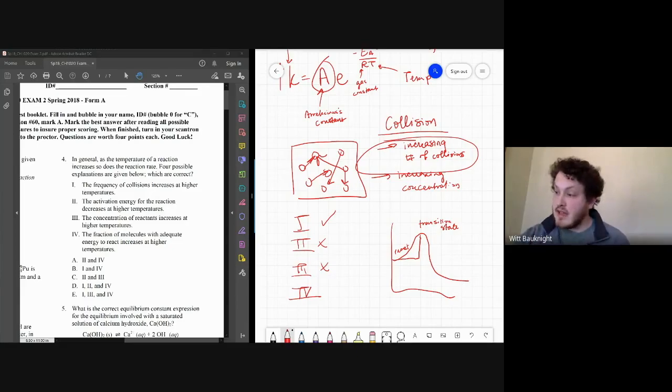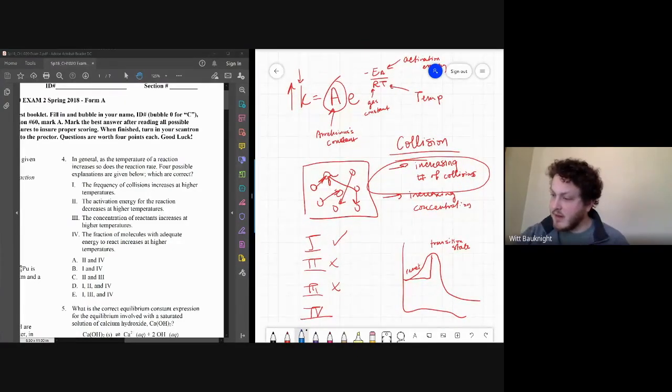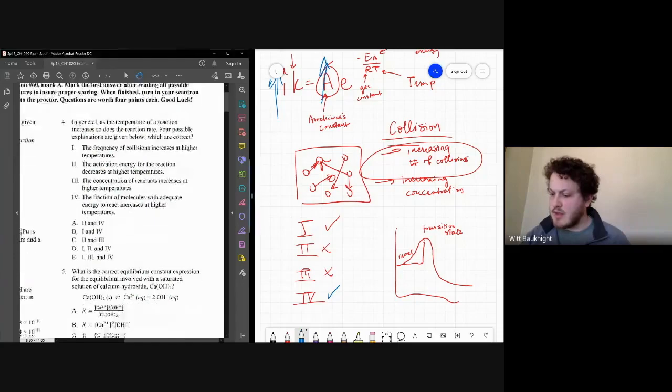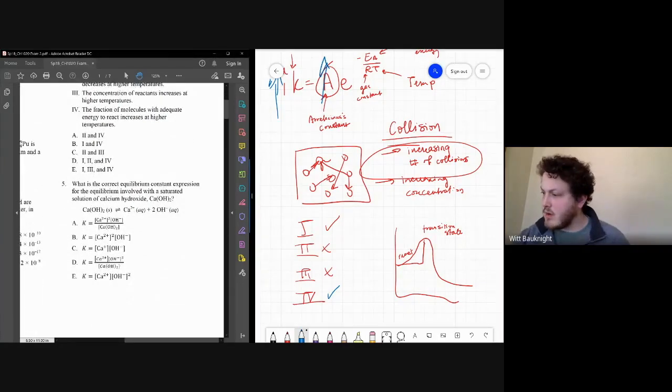So this increases A, which increases K. So statements 1 and 4 are correct, and that is why the correct answer is going to be B, statements 1 and 4. All right, so let's talk about question number 5.